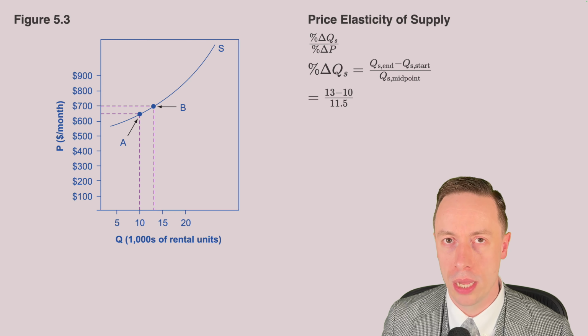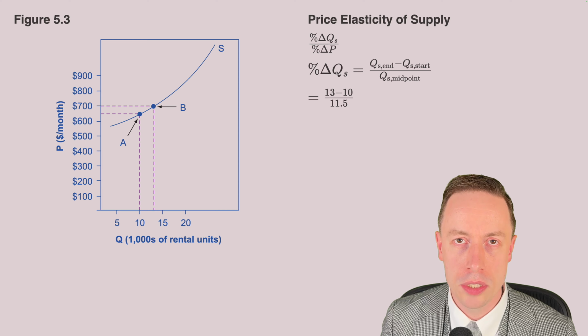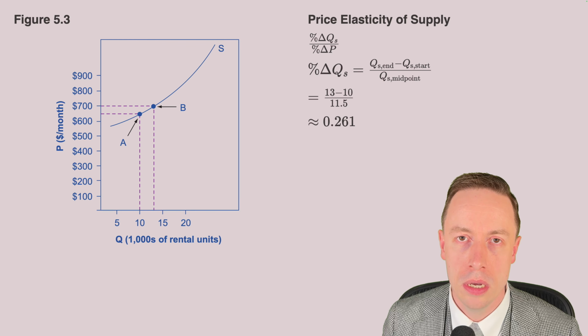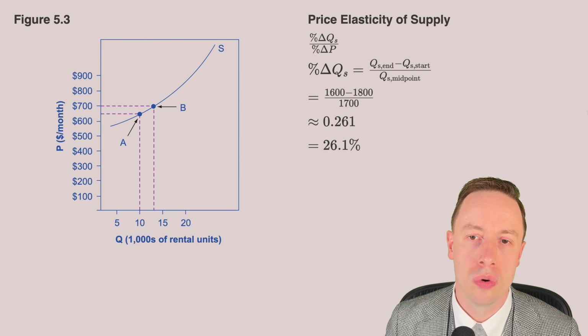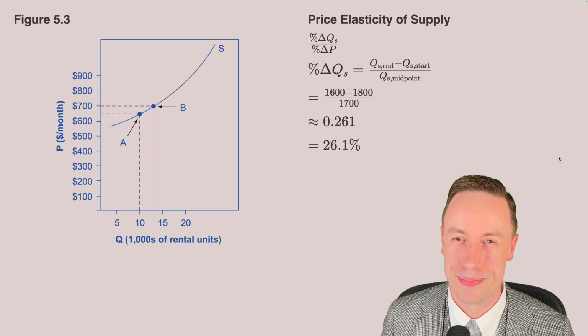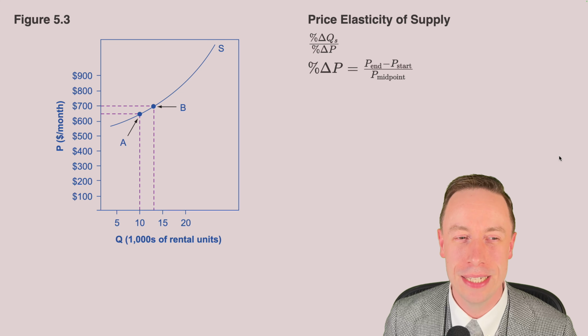But I don't like to put all that into the equation because then there's entirely too much going on in the equation. So 3 units divided by 11.5, after some light rounding, comes out to be 0.261, which is, of course, 26.1%. Whoopsie, look at those old quantities sneaking in there. All right, let's go ahead and do the same over on the price side.